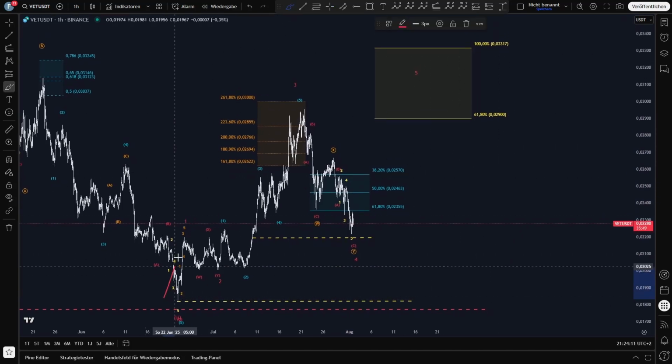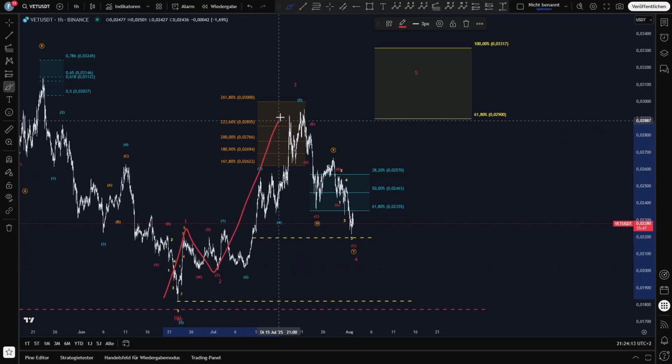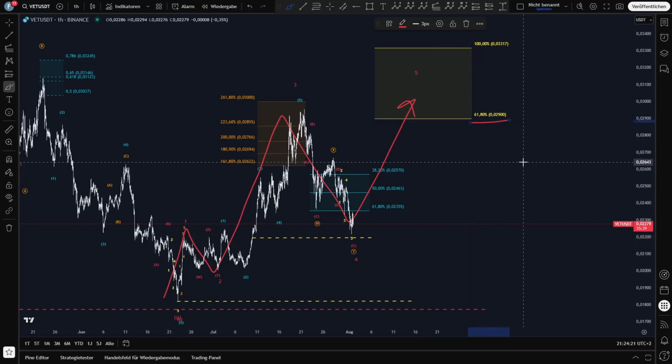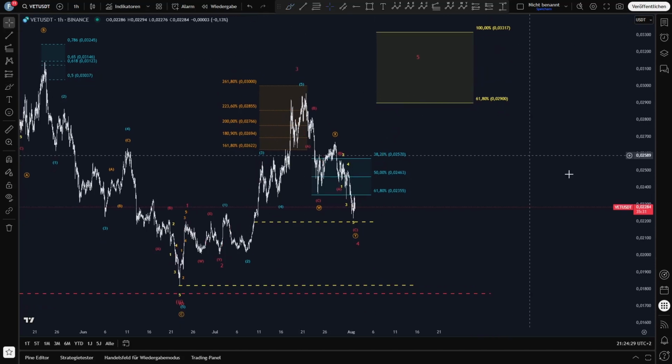Because we only have wave 1, wave 2, wave 3, wave 4, and we still need this wave 5. Our target area for the wave 5 starts at the 61.8% level at 2.9 cents to the 100% level at 3.3 cents.